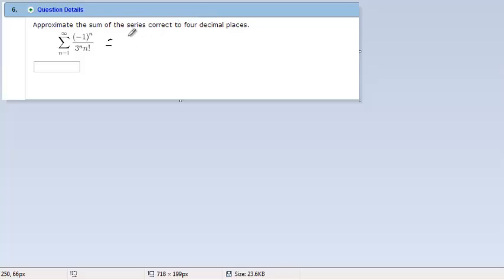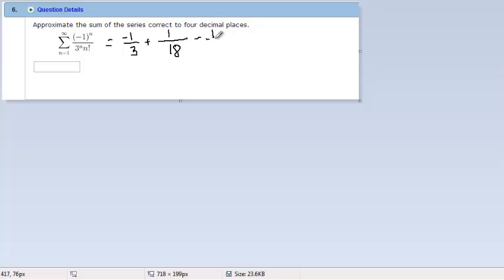So let's look at the first 4 terms here. The first one is negative 1 over 3 to the power 1 times 1 factorial, which is negative 1/4. The second one is plus 1 over 3 to the power 2, which is 9, times 2 factorial, which is 2, which is 18.